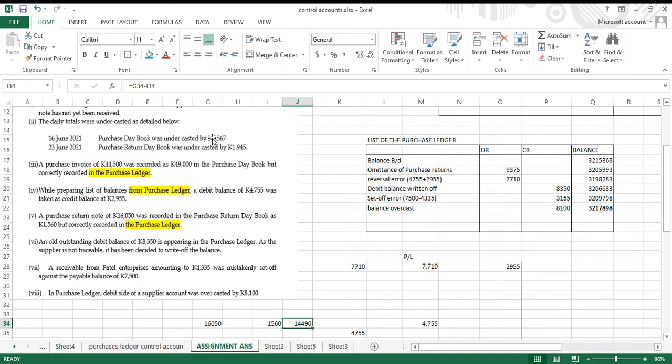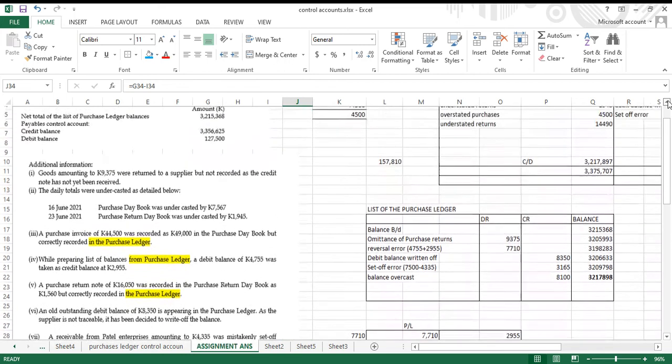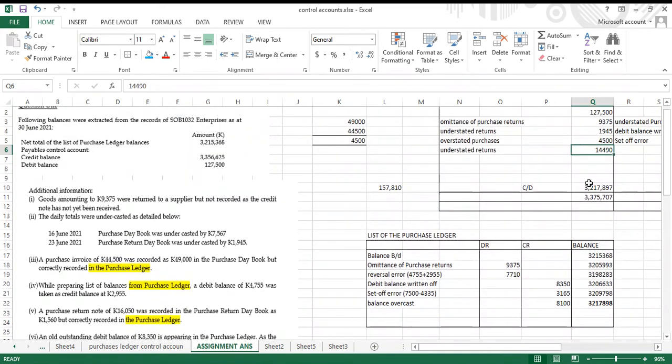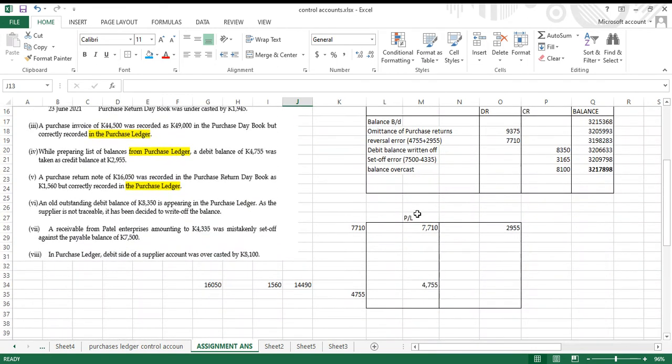And as we did earlier with this 1,945 for a return outwards that's undercasted, we'll debit this 14,490. We debit 14,490, understated purchase returns.